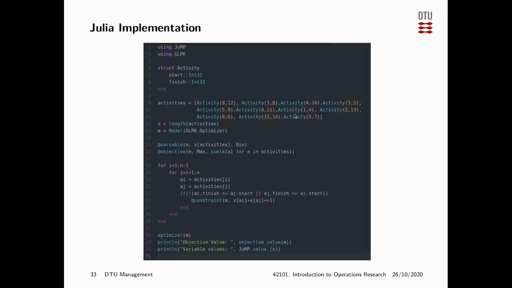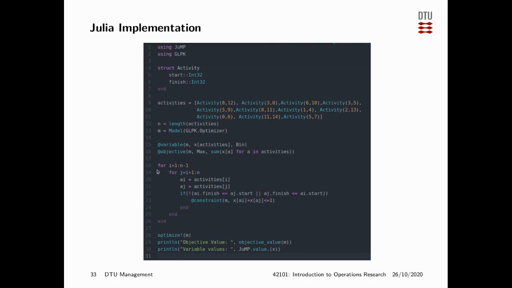And here we have the Julia implementation of this. It's a little bit different to maybe what you've seen earlier, but we work with more object-like structures here. We have activities, and within an activity, we have a start and finish time. I have an array of these, and you can see the start and end times of the activities match the example that I gave you.